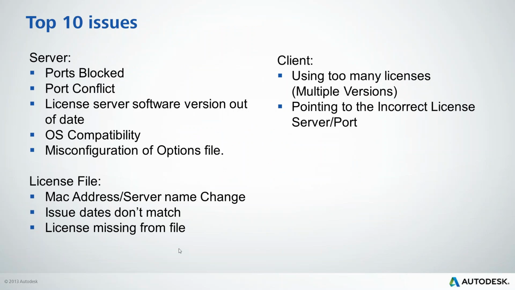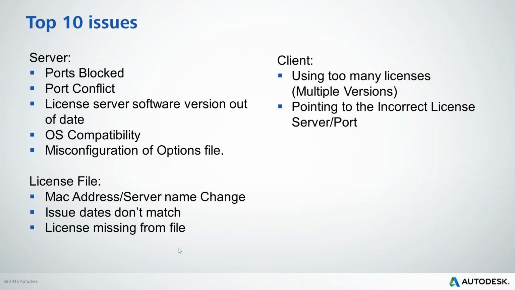Okay, the second thing is the license server software version is out of date. Like we mentioned before, for the 2015 and 2016 Autodesk software, you need the latest Network License Manager software. A lot of our customers got a new license file for 2016, but they're not able to get a license. And the first thing is like, well, I'm still able to load AutoCAD 2014.